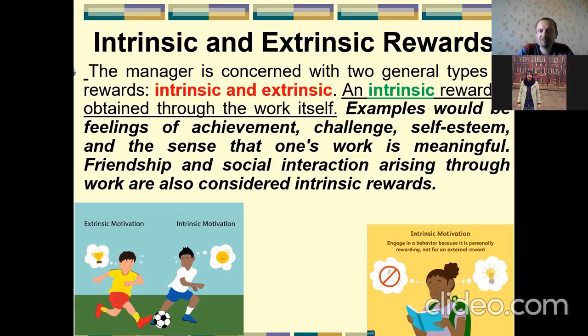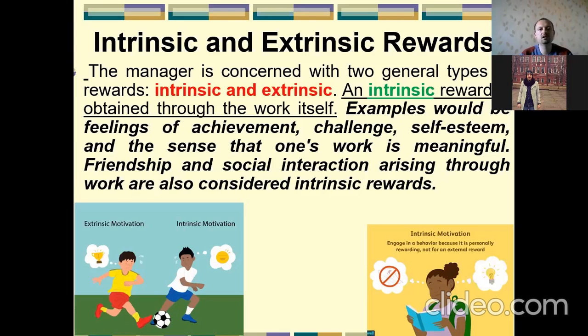We have to pay money for everybody, but you don't have to forget about the intrinsic reward. You have to select your subordinates for some tasks which they like. It is very important. And here are the possible ways of motivating subordinates with the help of intrinsic reward.